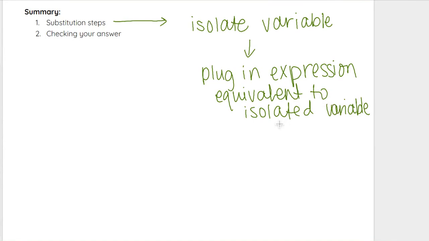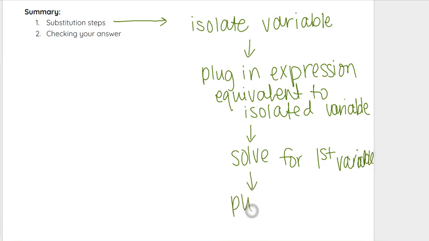Then once we've plugged that expression in, specifically in the other equation, we solve for that variable, whichever one we have in that equation. And then we plug back into the original to solve for the second variable.